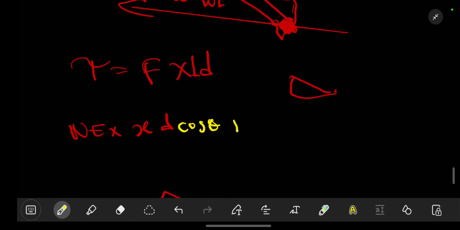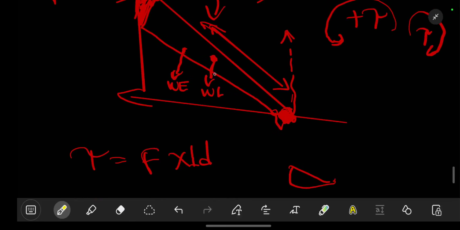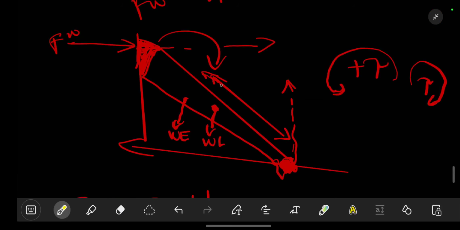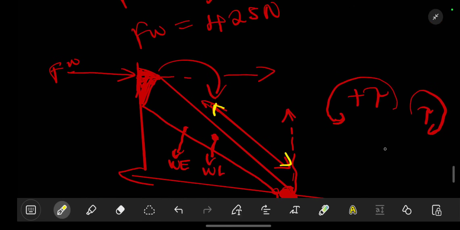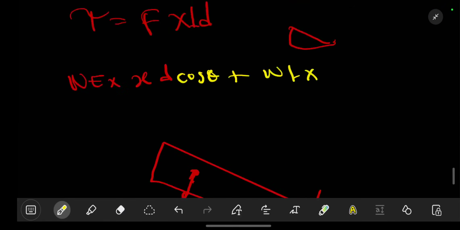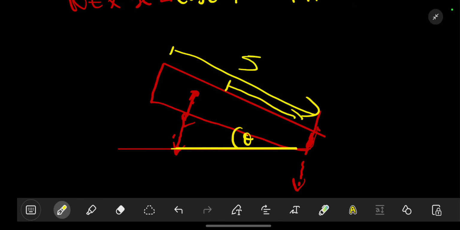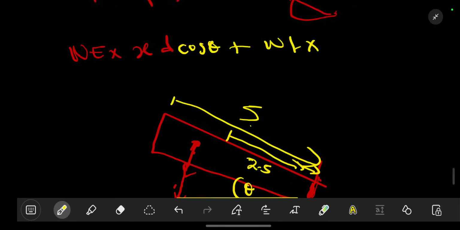Then plus another force causing torque, which is the weight of the ladder, times the distance. The weight is concentrated at the center since it's uniform. If the whole length of the ladder is 5, then from here up to here it will be 2.5, because 5 divided by 2 is 2.5.